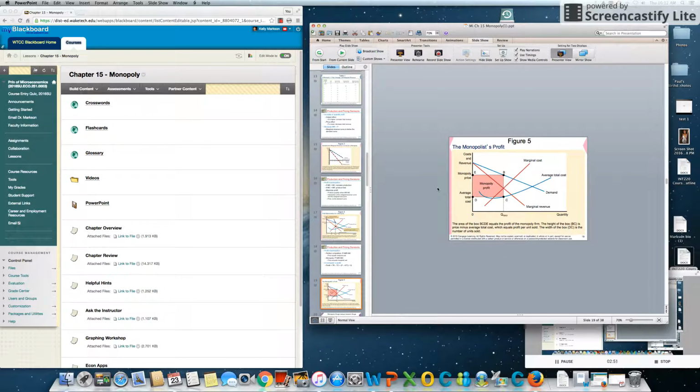So whereas a monopolist can have profits in the long run because there are barriers to entry, in the monopolistic competition market structure, there are zero profits in the long run, because if there are profits, someone's going to enter, and that, of course, brings down the demand for each individual seller. So eventually it gets to the point where there are zero profits in the long run. So hopefully that helps a little bit.